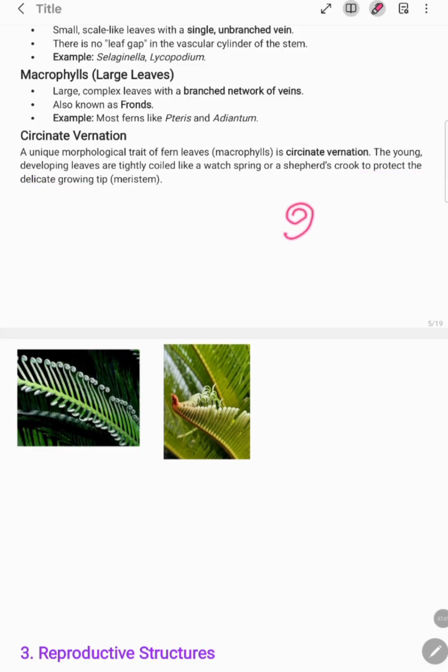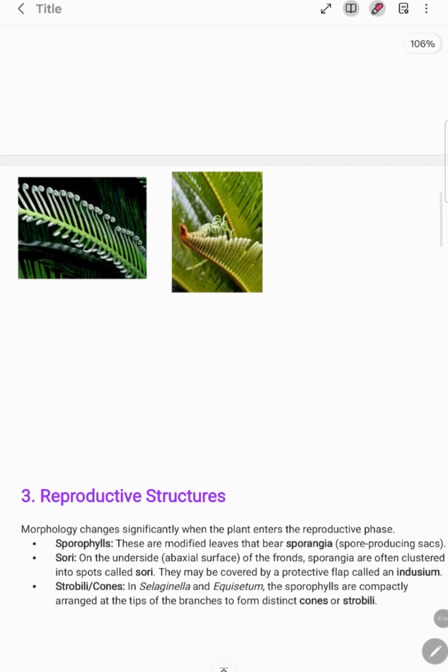Okay, they are doing like this because they are protecting this meristematic region. Okay, because it is delicate in nature. See, here I have just put two images for you to understand. See, these all are young developing leaves.